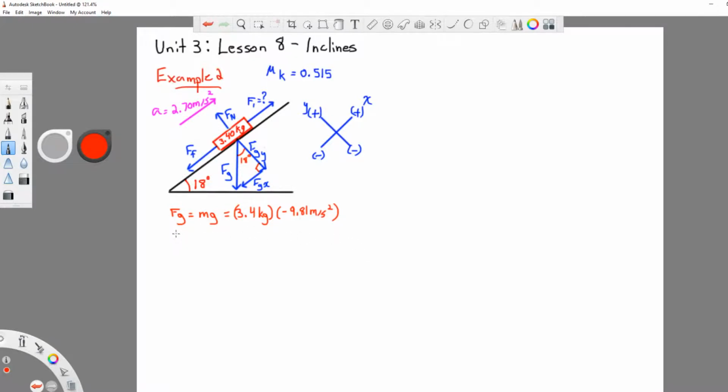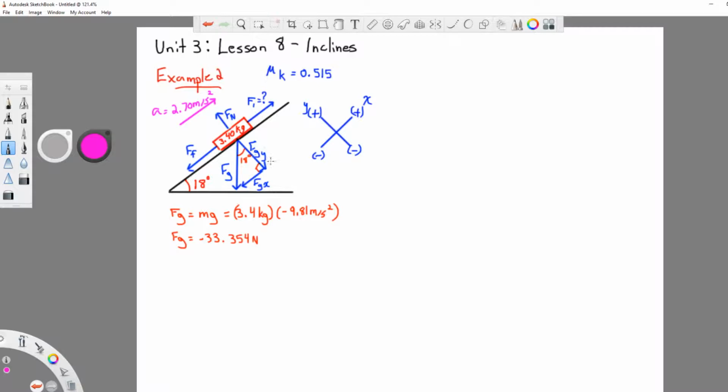Okay, so we can probably safely say that our force of gravity straight down here is negative 33.354 newtons.